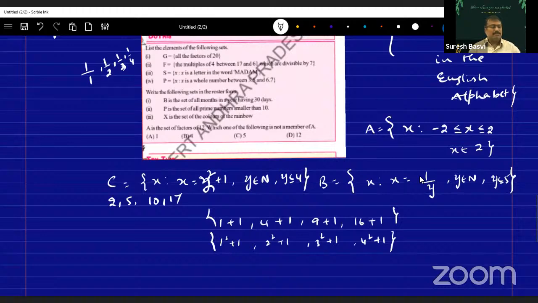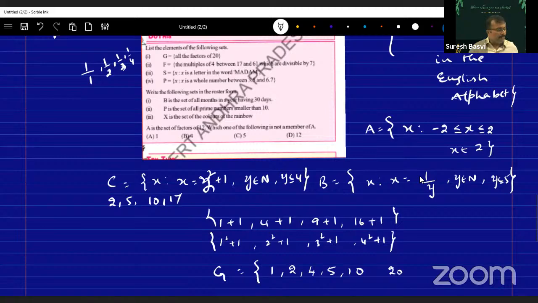So the first one is F is equal to. Every number has 1 and itself as factors. Next 2, next 4, next 5, 10.